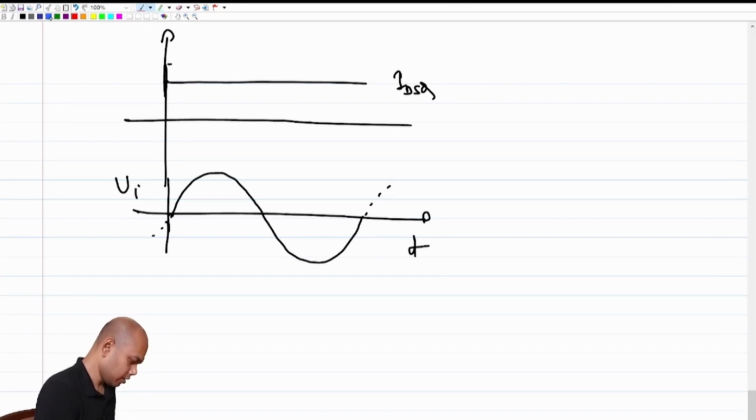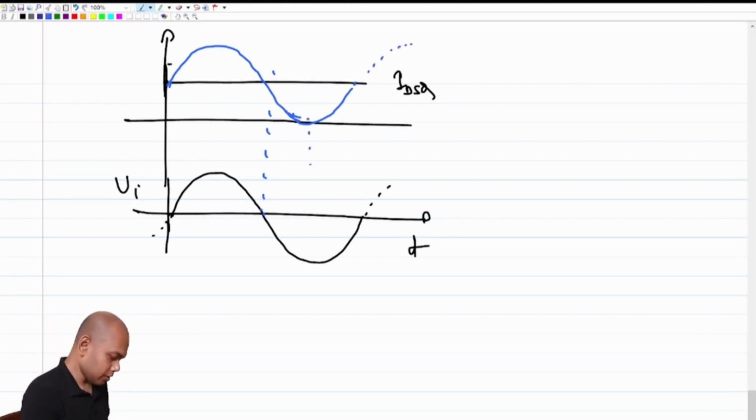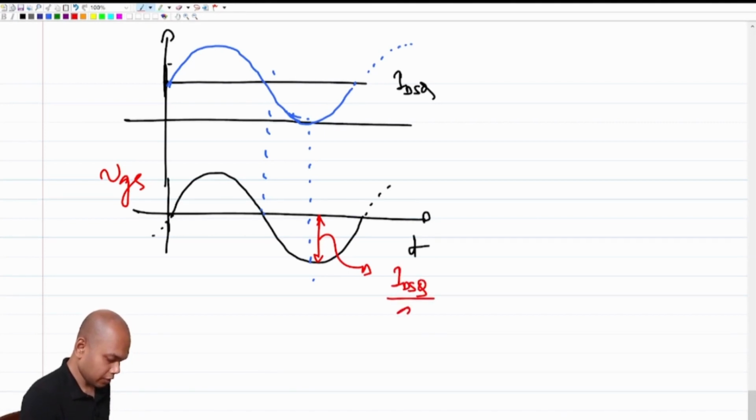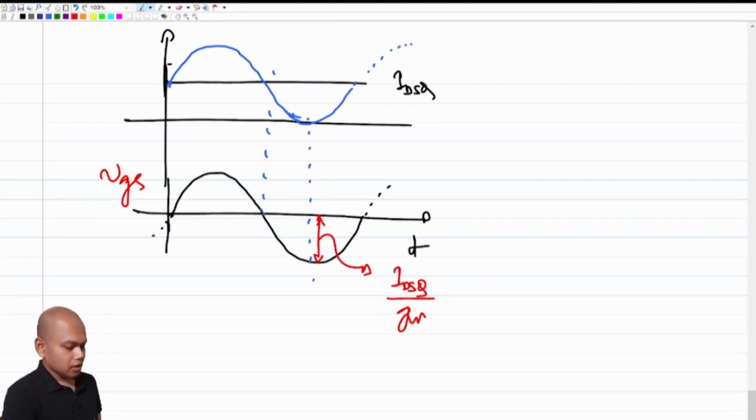So the total current actually touches zero when this input sinusoid, or let me just say VGS in this case, becomes IDSQ over GM, right?